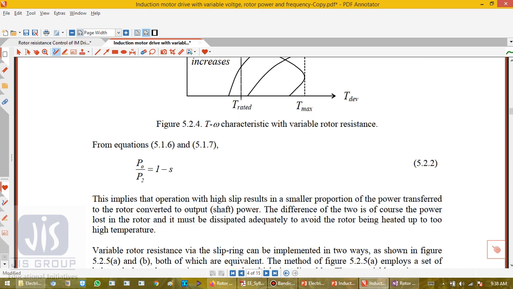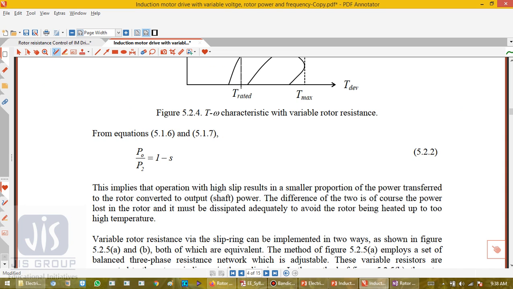Okay, now if you see, we know that P2, that is the power in rotor circuit, equals 3 I2' squared R2' by S. And what is my developed power or shaft power?